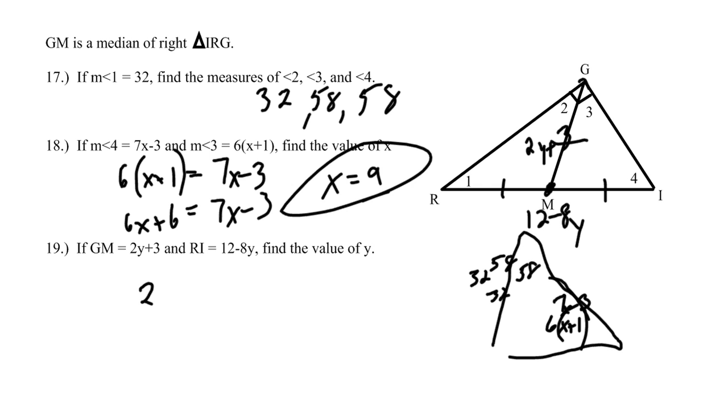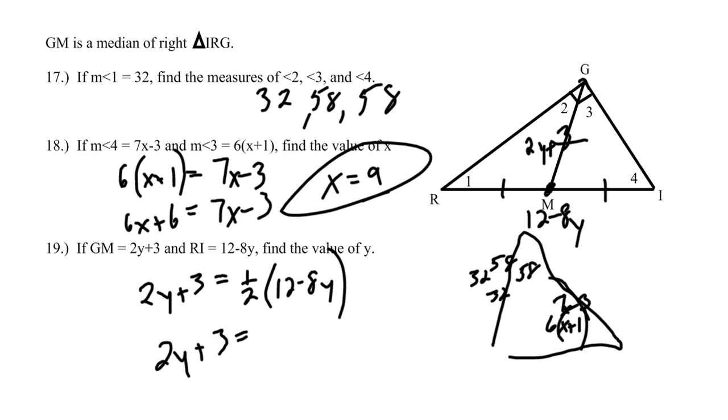So 2y plus 3 is equal to 1/2 of 12 minus 8y. Well, this is really easy. Okay, add 4y to both sides. Subtract 3. And you get y equals 1/2.